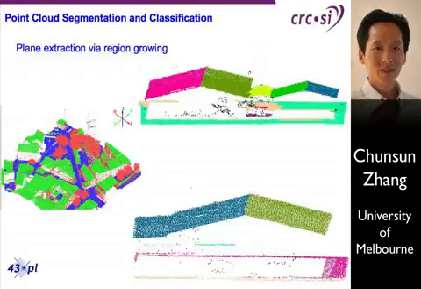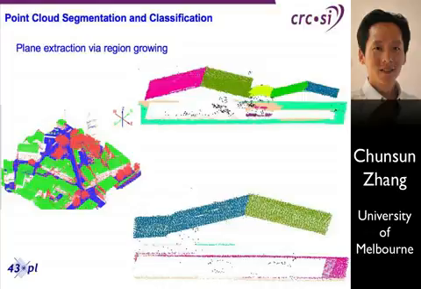Based on these detected plane points, we can group the points into planes, which is very good for building extraction. You can see here the roofs of buildings successfully grouped. And because the ground is flat, it is also detected.